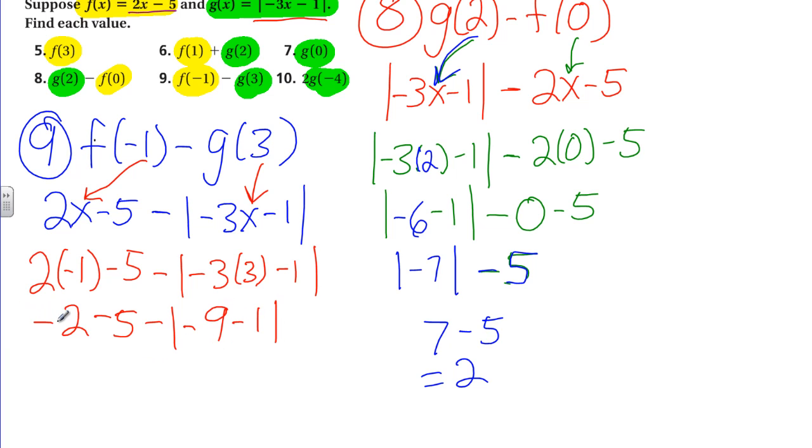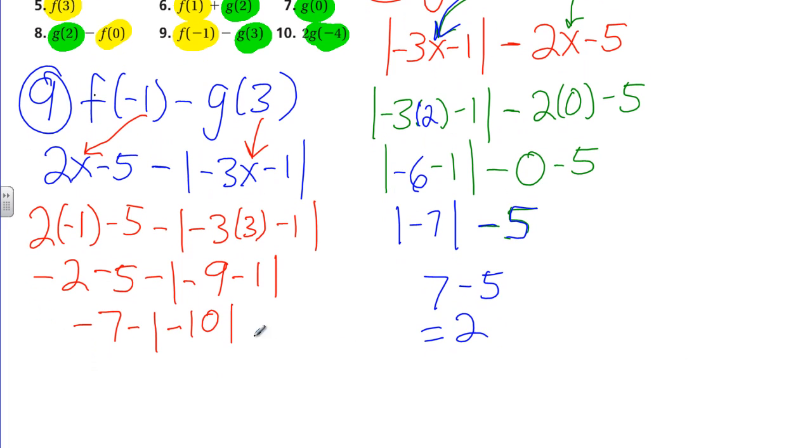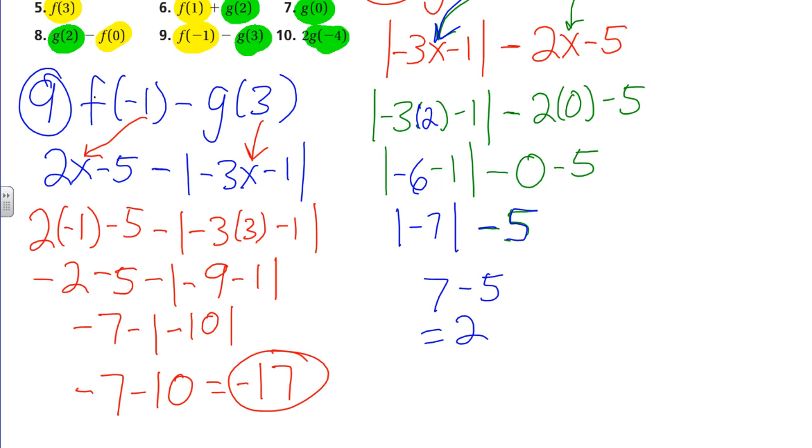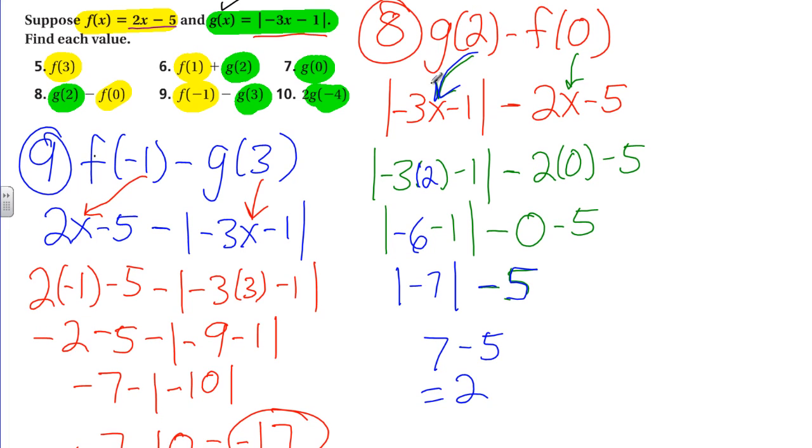And then we have negative 2 minus 5, which equals negative 7 minus the absolute value of negative 9 minus 1 equals negative 10. And then the absolute value of negative 10 equals a positive 10. But then we got a negative on the outside. So that becomes negative 17. Woo! So that's number 9.